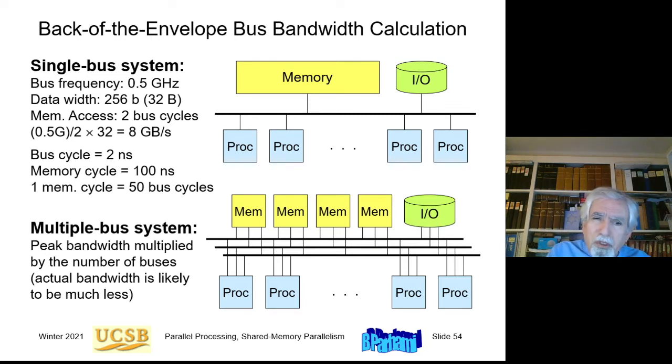Of course, if you use multiple bus systems, you can increase that by some factor, let's say 3, even though you may lose some of that increased bandwidth to overhead of scheduling and waiting. But in the best case, you can improve that from 8 gigabytes per second to at most 24 gigabytes per second with 3 buses, which is still low for many parallel processing applications.